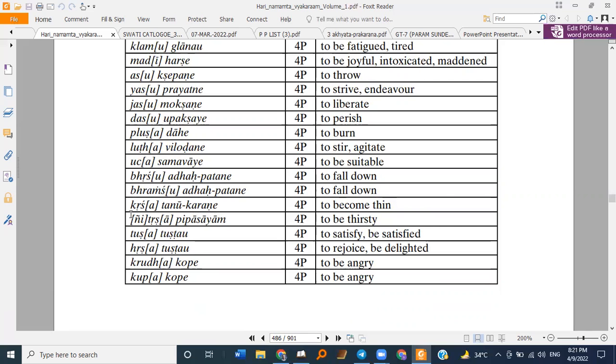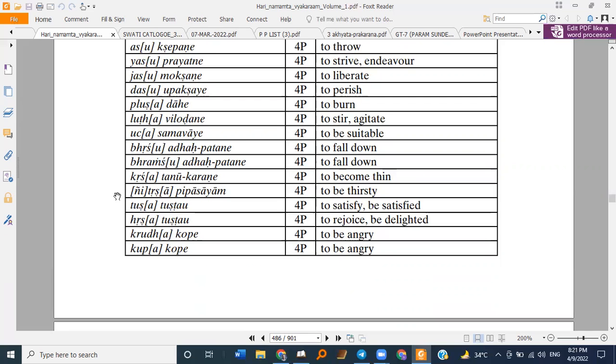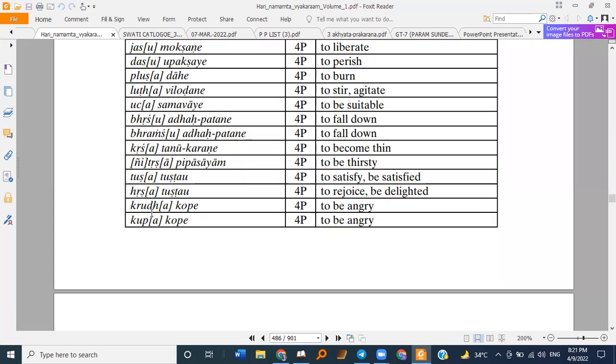Then Krisha Tanukarane, to become thin. Trisha Pipasayam. So Trishna, thirst. Tusha Tushto, words like Tushta, Toshana, Tushti. Rusha Tushto, words like Harsha, Hrishta. Krudha Kope, so Krodha, Krudha, Krudhyati, ityadi.